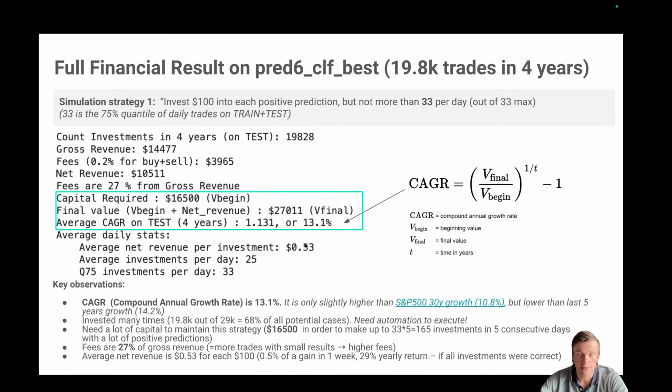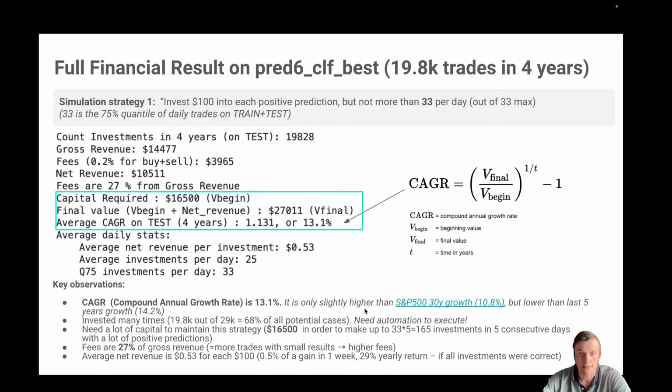Per each trade is $0.5, which is 0.5% out of $100. Average investments when we trade is 25, 75% quantile investments is 33. So this is a very aggressive strategy, it says you trade almost every day and a lot.